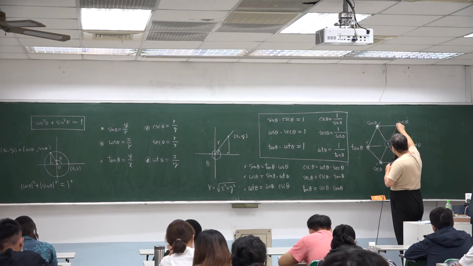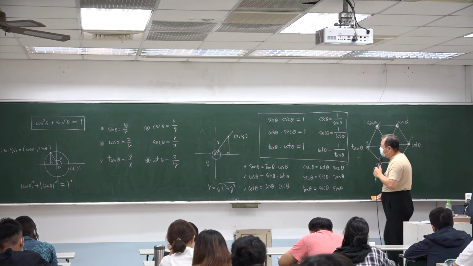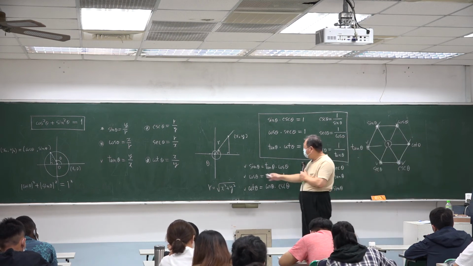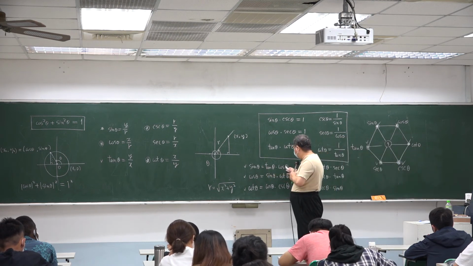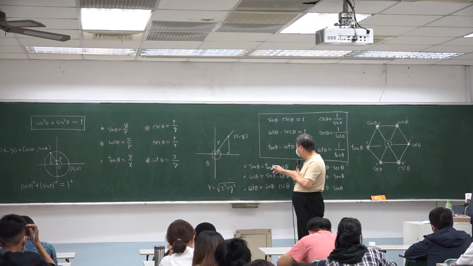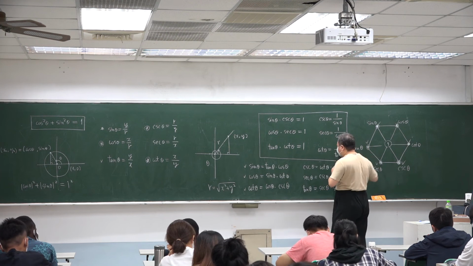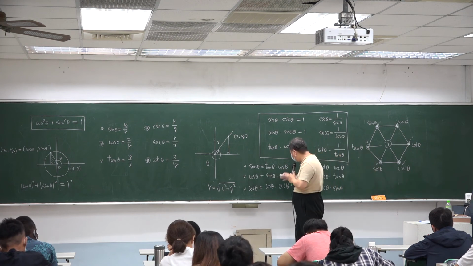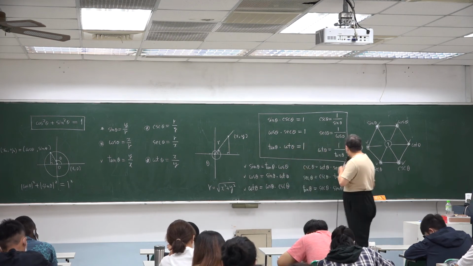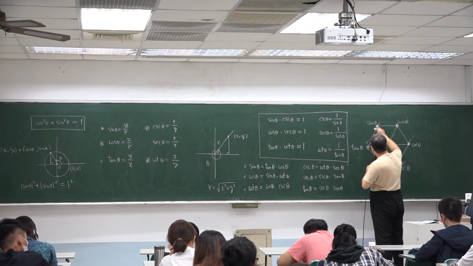Sine equals cosine over cotangent. Because the middle part is the product of the adjacent two, tangent equals the middle one divided by the other adjacent one.